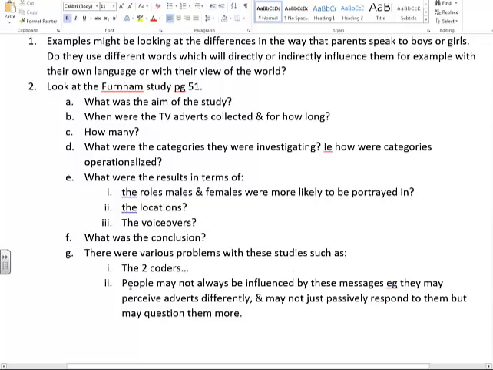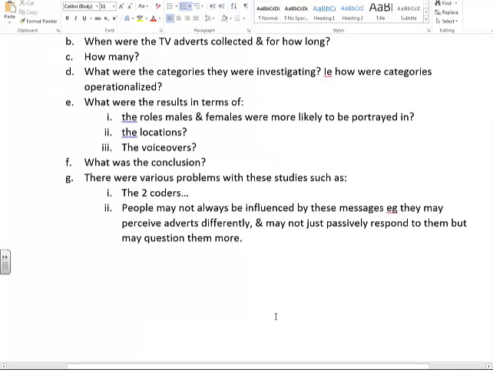Okay. The other thing is, of course, people are not always going to be influenced by the messages. So they may perceive adverts differently. Maybe they just passively respond to them, or maybe they don't and they actually question them. I remember watching a ridiculous advert a few years ago, I think advertising the train line or something like that.